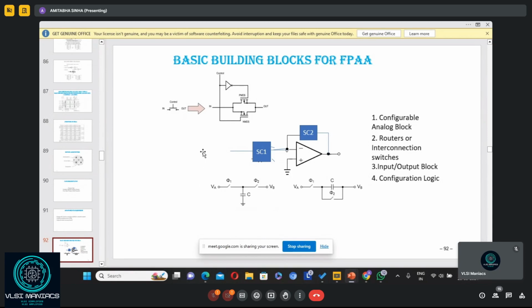So these are the basic circuits. Here the analog operational amplifier is an active component. Switches are also active components, controlled switches made by transistors. And the only passive component is the capacitor.